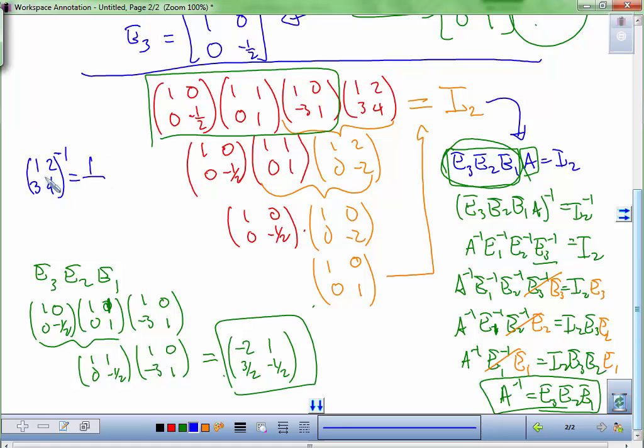So the determinant is 4 minus 6, which is negative 2. Switch the diagonals and negative the wings. And if we work all this out, we're going to get the same result as what we had. Just to double check.